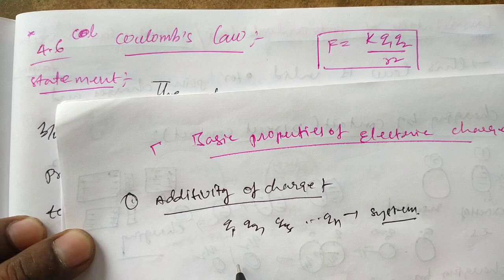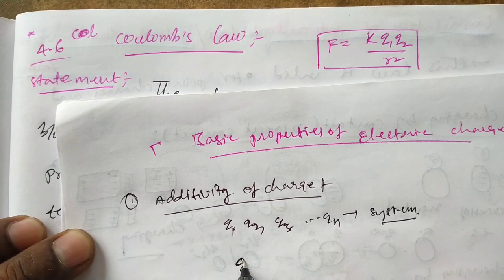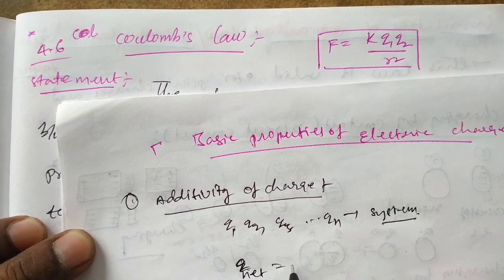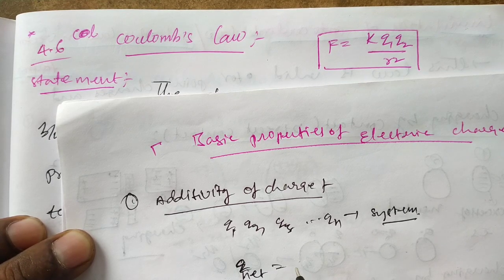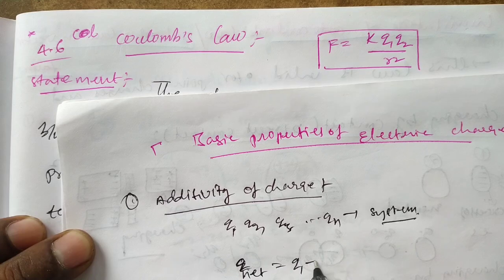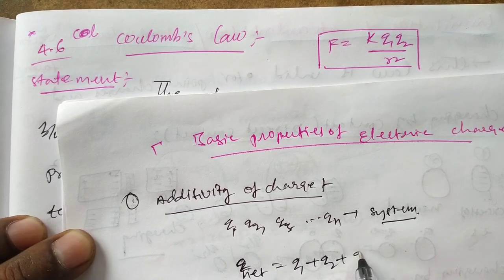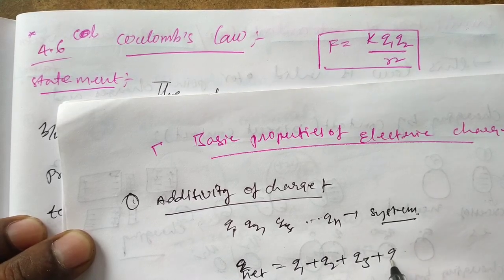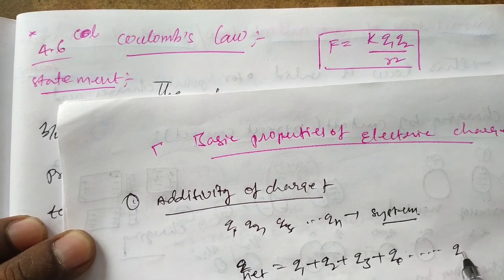The net charge, or total charge, is equal to the algebraic sum of the individual charges, that is q1 plus q2 plus q3 plus q4 up to qn.